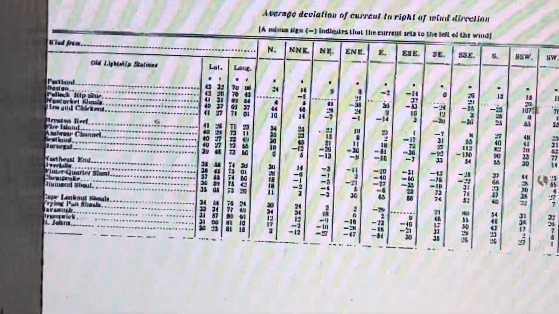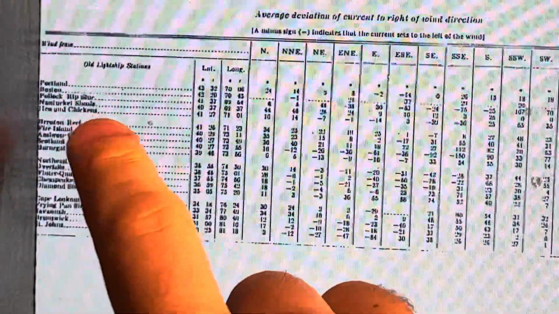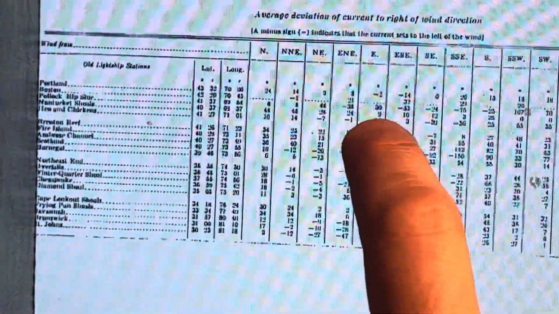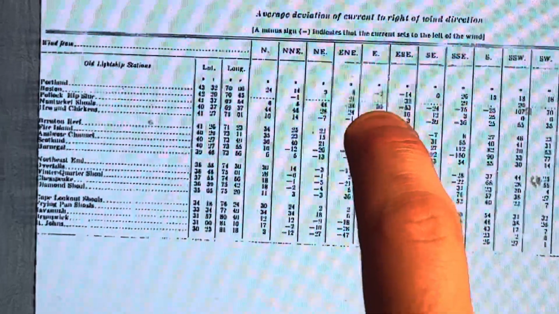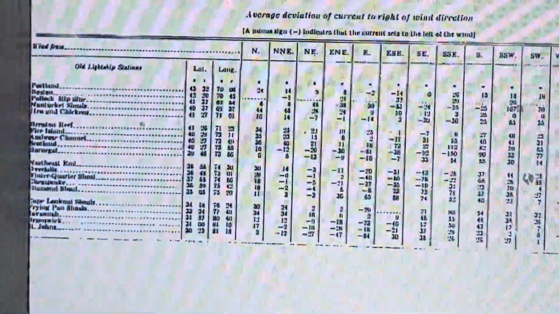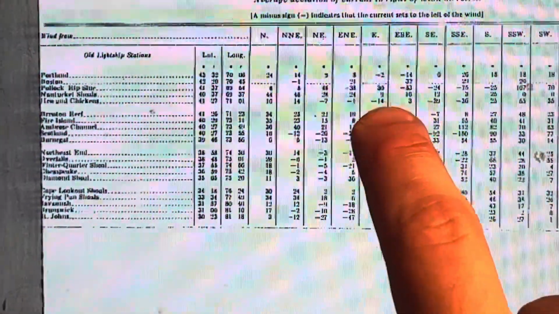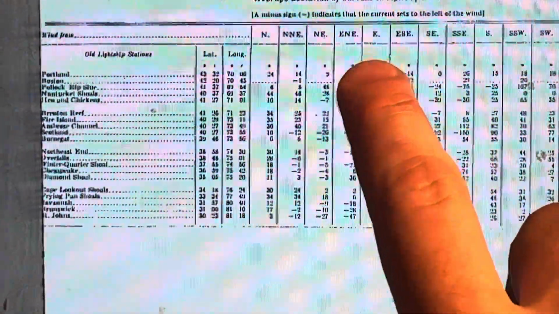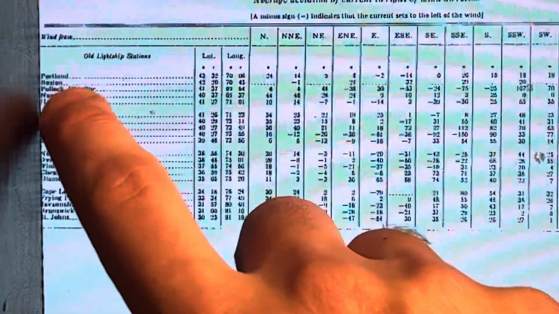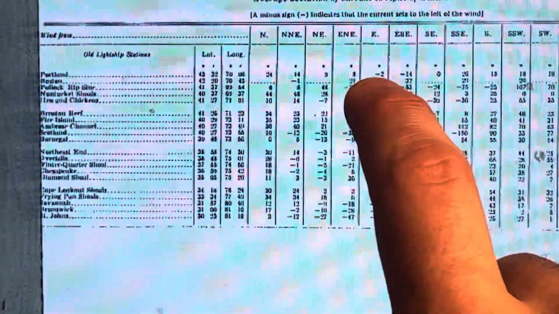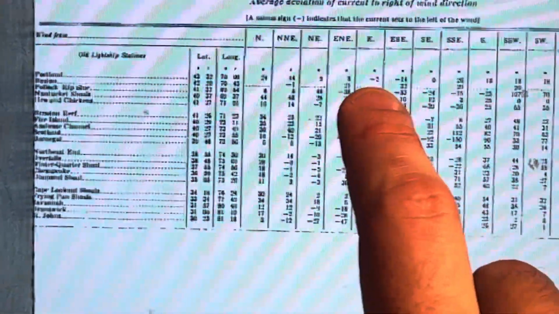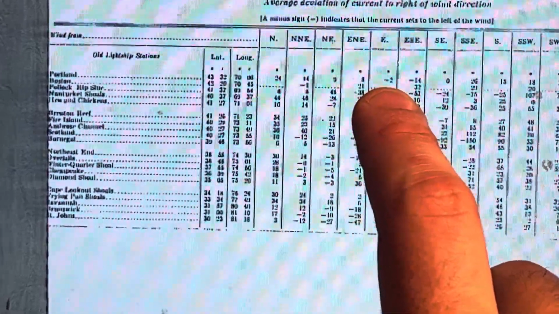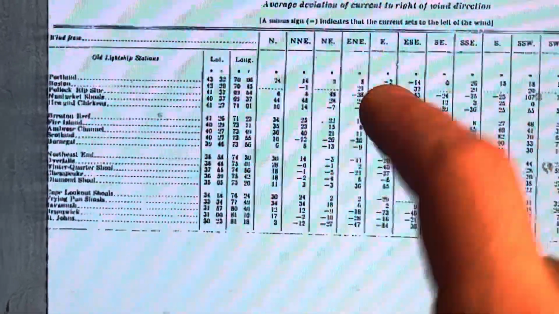But the way this works is at a certain location, it will say, hey, if the wind is coming from the east, go to the west and apply this correction factor, and that will tell you the direction that the current is. So, for instance, if the wind is exactly 090 in Portland, if it's coming from 090, the current you would expect to be going exactly 270, but it actually deviates by just 2 degrees to the left.